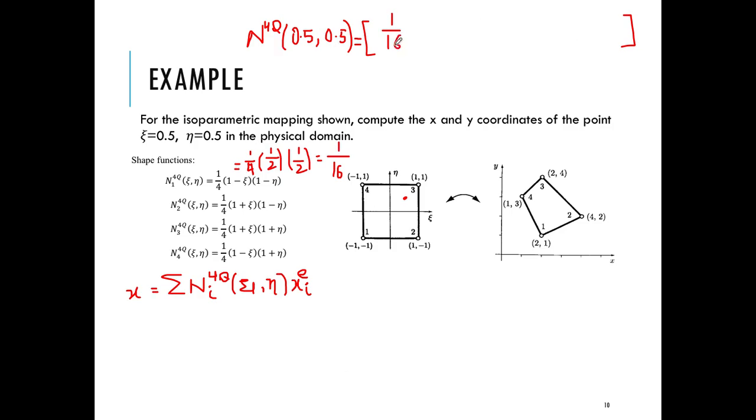Similarly, N2 would be 1 by 4 multiplied by 1.5 multiplied by 0.5, so that is 3 by 16.